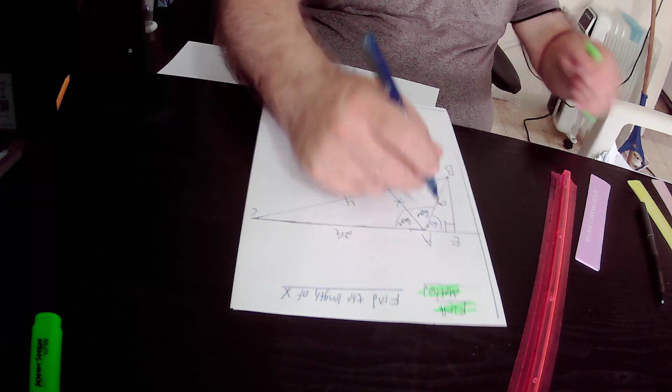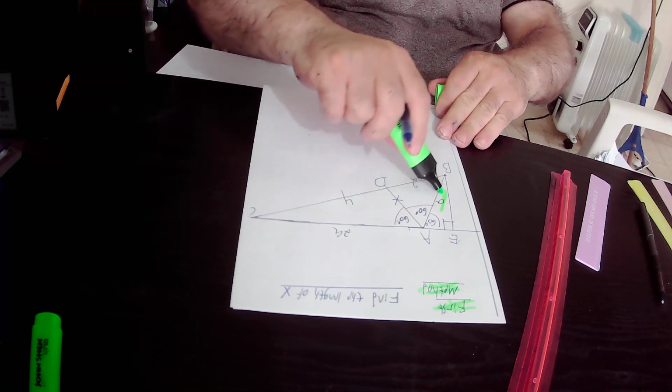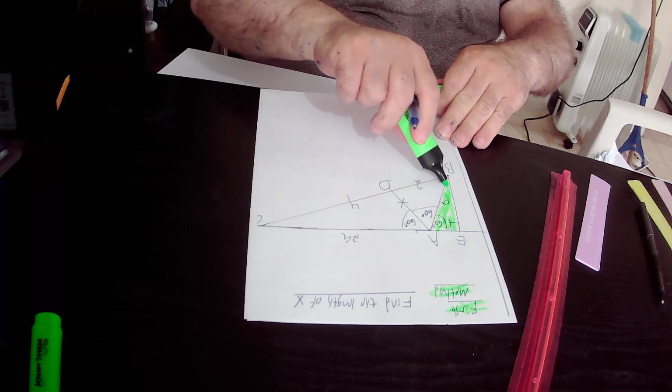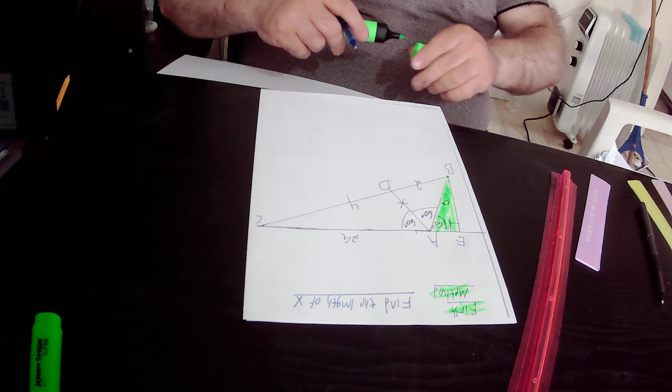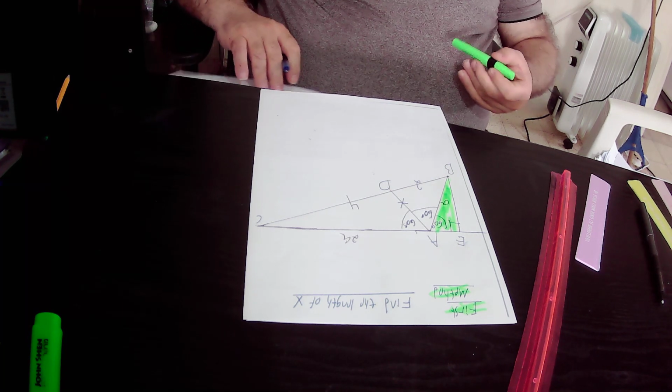In the next step, we will focus on the right green triangle, triangle EAB.